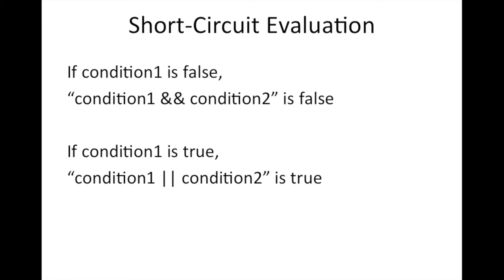If condition 1 is true, then condition 1 or condition 2 is true. If the value of the first operand in a binary logical operation is sufficient to determine the result of the operation, the second operand is not evaluated. This rule is called short-circuit evaluation.